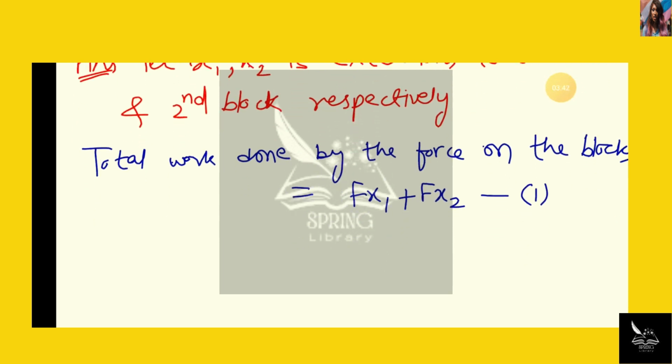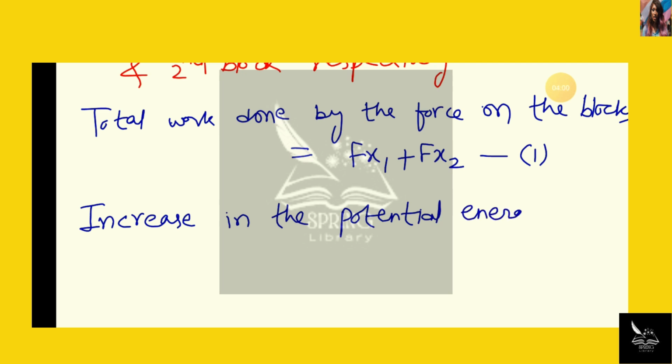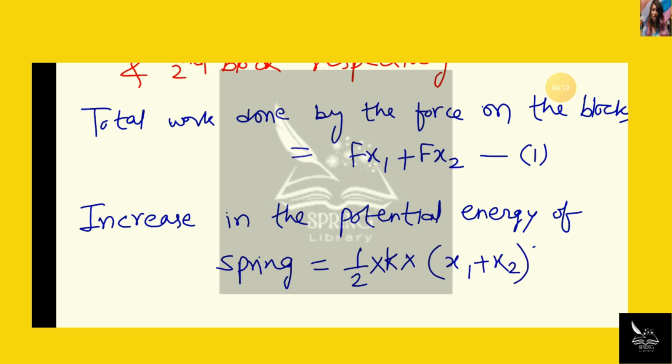Next, the increase in the potential energy of the spring will be equal to half times the spring constant k times (x1 plus x2) whole squared. This is equation number 2.